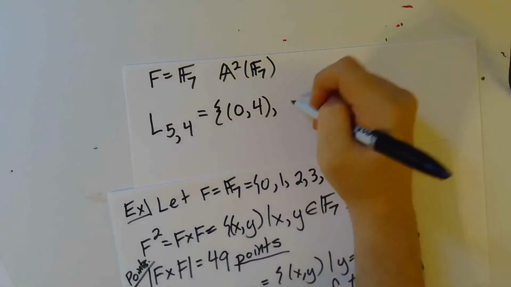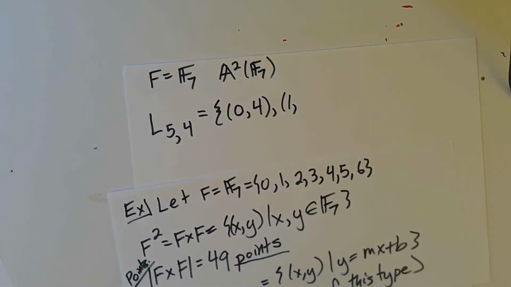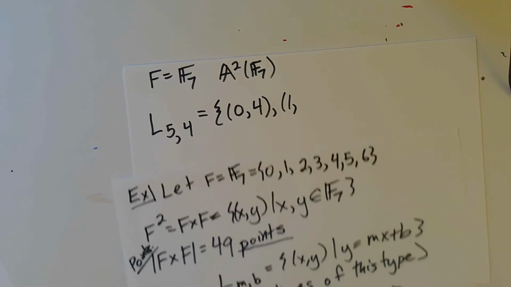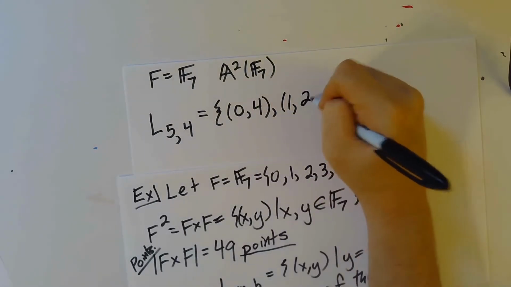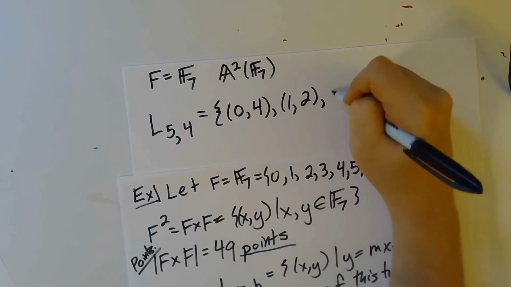What if x is 1? Well, if x is 1, then this is 5 times 1 plus 4. And remember, we're in F7, so I have to think in F7 for this line. 5 plus 4 in F7 is 2. So I get (1, 2).